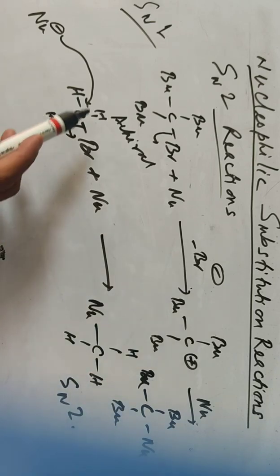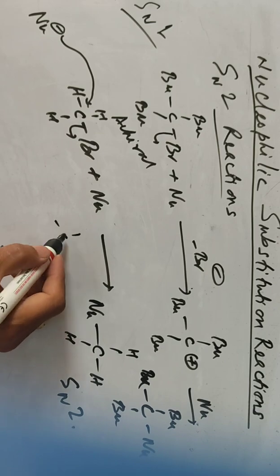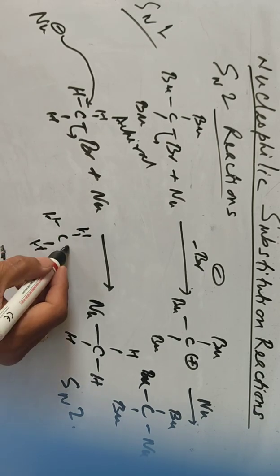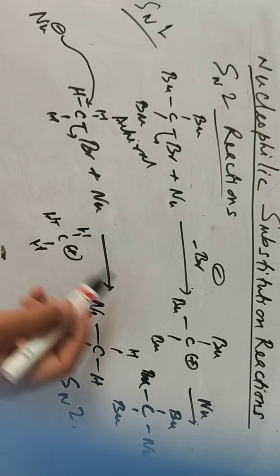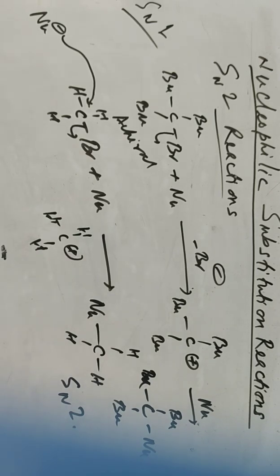But methyl or primary alkyl halides do not form stable carbocations. Primary carbocations are less stable as compared to the tertiary carbocation, so they do not form, and they are not attacked easily by the nucleophile. So they undergo another mechanism, called the SN2 mechanism.